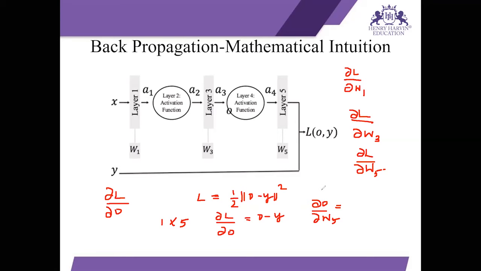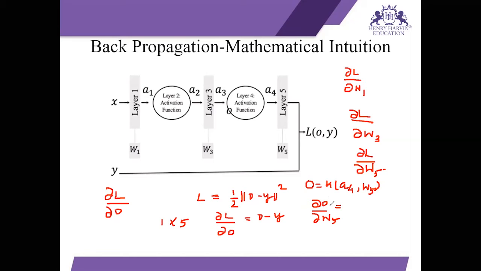Some people call this differentiable programming instead of neural networks, because we are simply using differentiable functions. So let me write O is equal to K of A4 comma W5, some differentiable function with respect to A4 and W5. Keep this in mind. And here dou O by dou W5 is a Jacobian, as I mentioned.